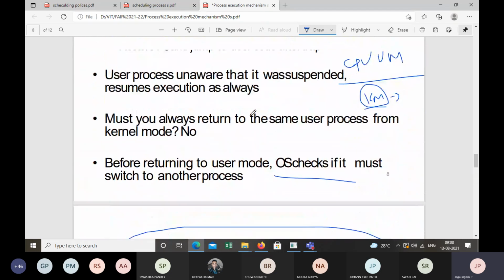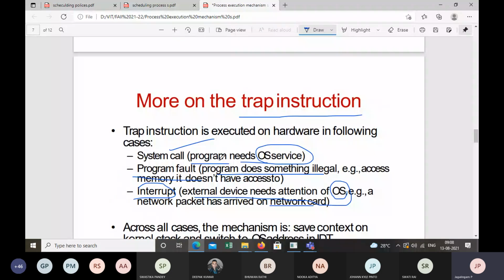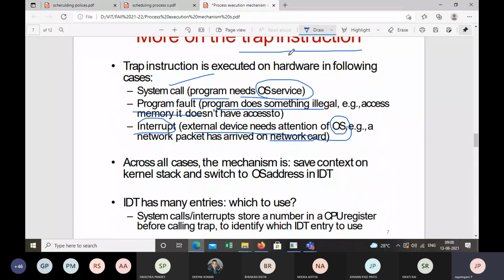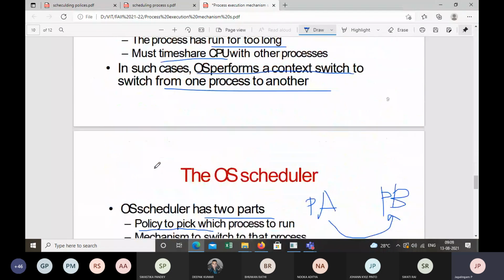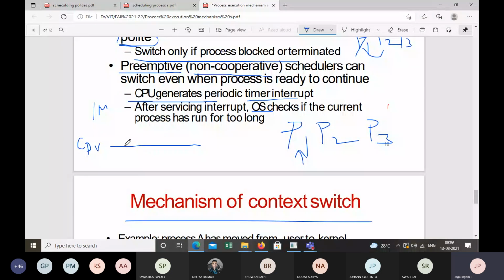Please connect to the earlier lectures. When the trap instruction executes, that is operating system code executing when the interrupt occurs. So when the CPU makes an interrupt, the operating system comes into play. Now what does the operating system check? Whether the current process is running for too long.